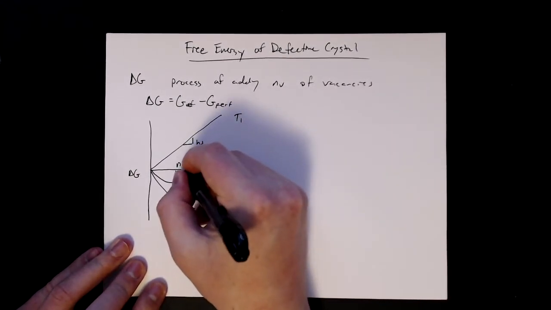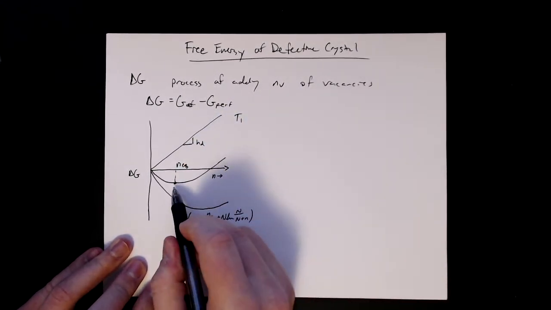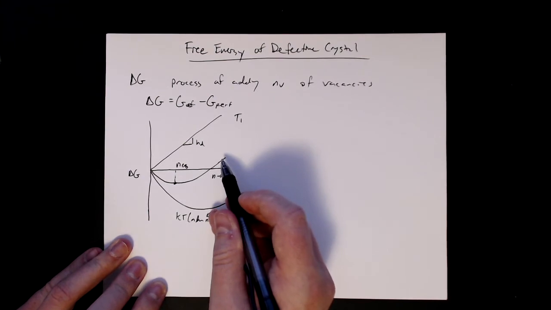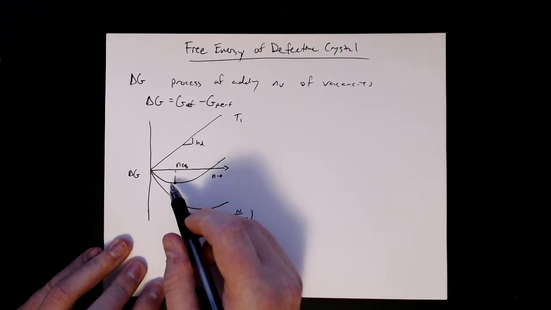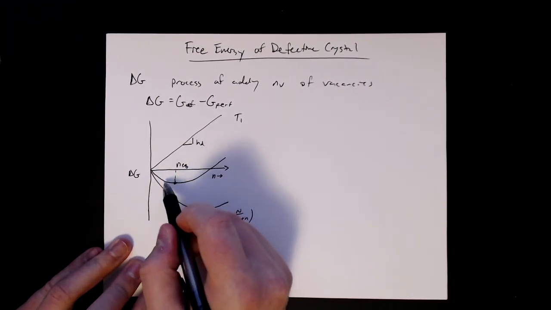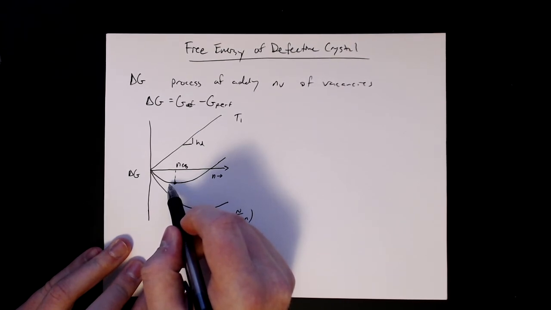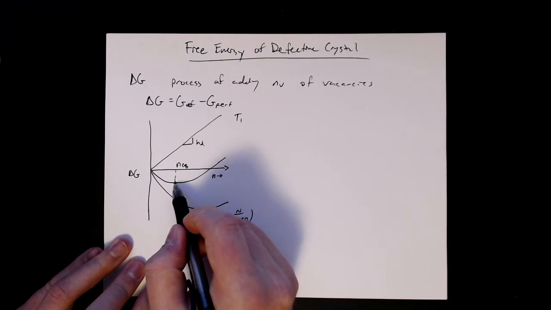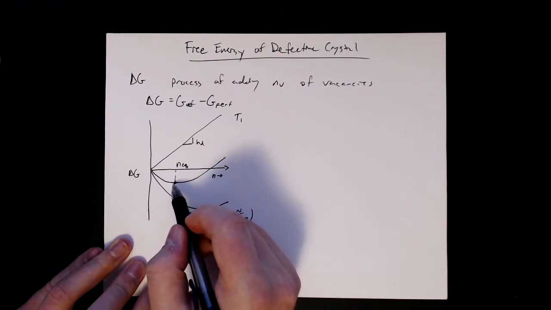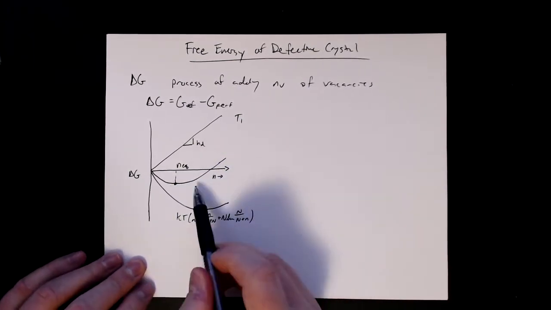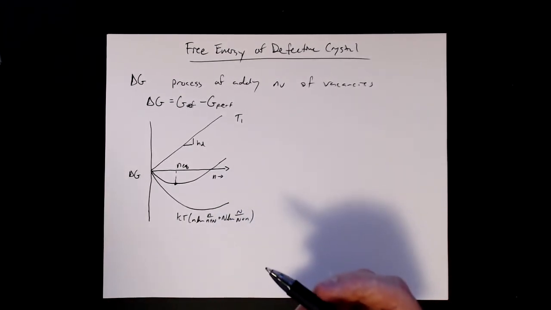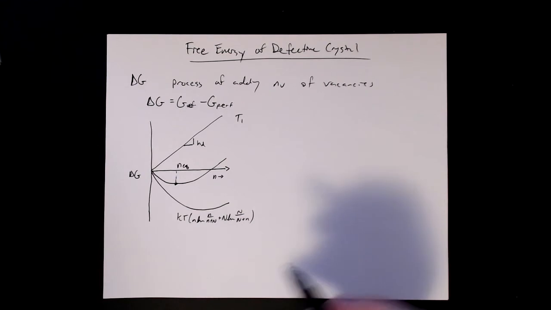This would be the equilibrium number, because afterwards, if we try to add any more defects, it actually raises the free energy back up. So adding some number of defects is favorable until you get to a certain point, and then it raises it back up. This is known as the equilibrium number, and this is the delta G curve. So that's one part of it.